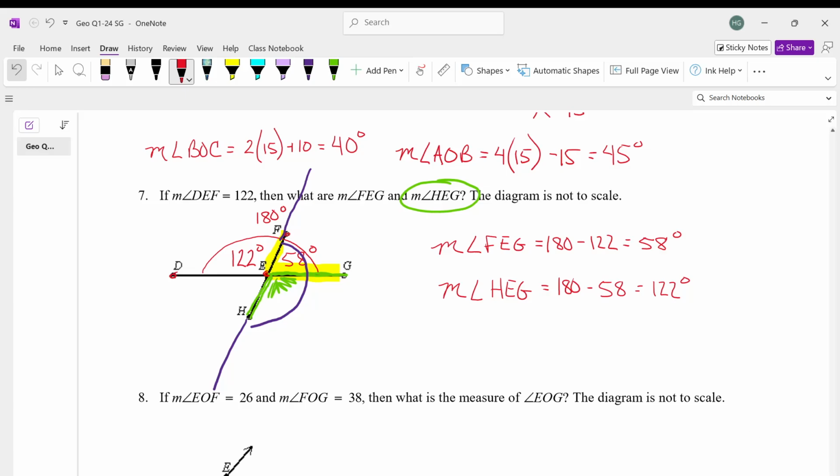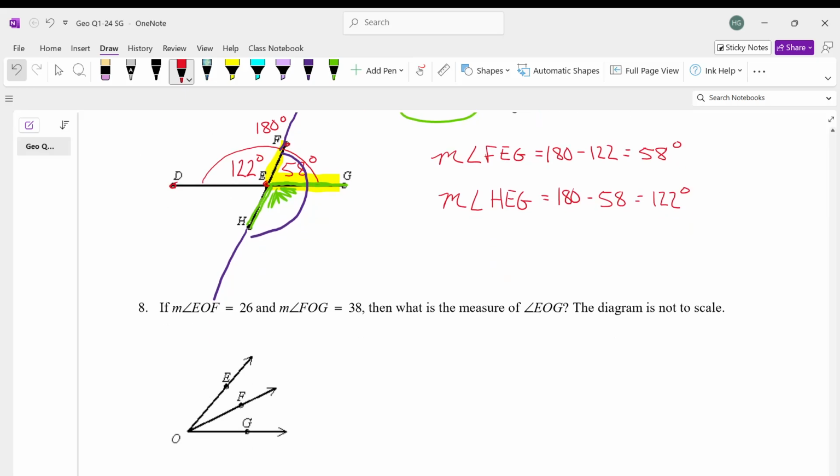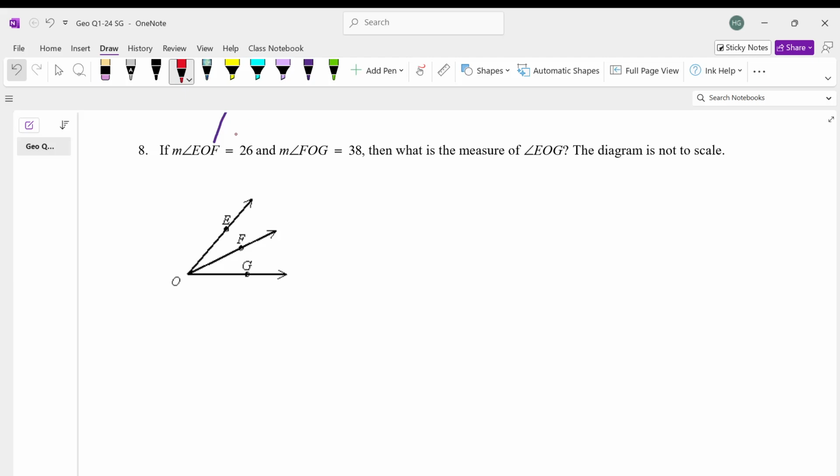All right, and I believe number 8 here is last, but certainly not least. If the measure of angle EOF right in here is 26 degrees, and the measure of angle FOG is 38, what is the measure of EOG? Well, here's EOG. We start at E, go to O, and back out to G. It's this entire angle, isn't it?